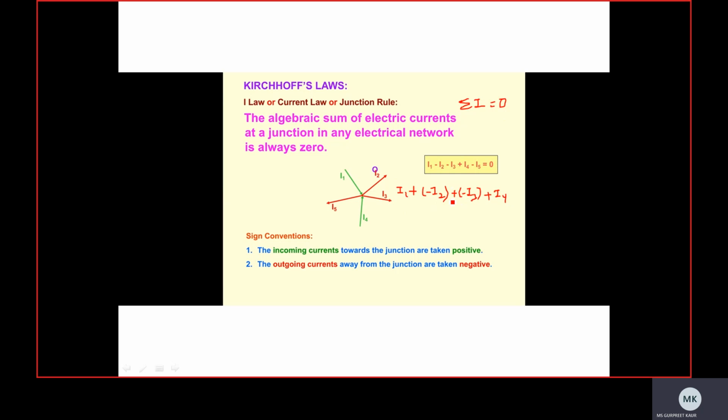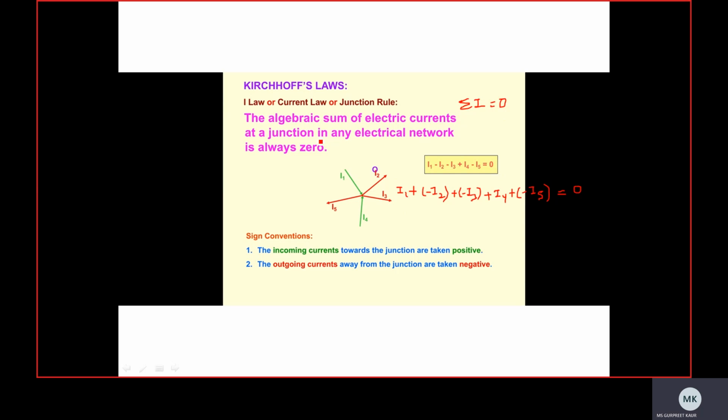I4 is the current going towards the junction with positive sign, plus minus I5. I5 is the current away from the junction. This summation of current at the junction is 0. So plus minus is minus. So it has been mentioned here: I1 minus I2 minus I3 plus I4 minus I5 is equal to 0.